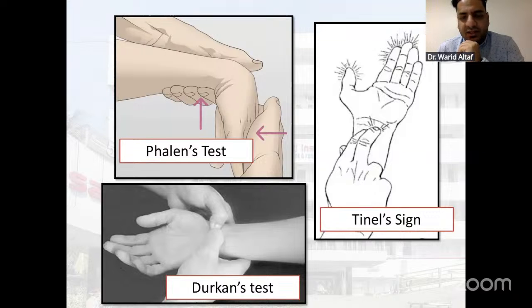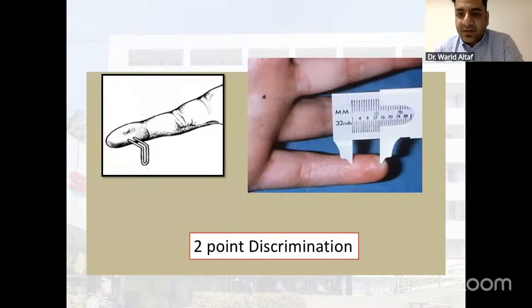Usually for 30 seconds you need to flex the wrist, hyperflexion, and then they will have definite signs of paresthesia, tingling, or numbness. Those patients who have severe symptoms usually end up having this clinical test positive. Durkan's is supposed to be a very specific and more sensitive test than Phalen's and Tinel's also, and it has been very well proven.